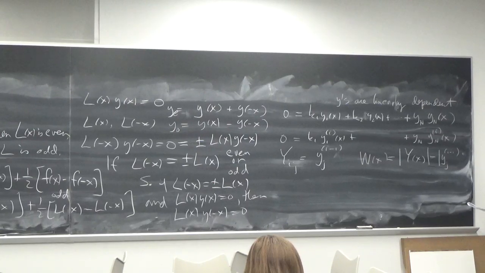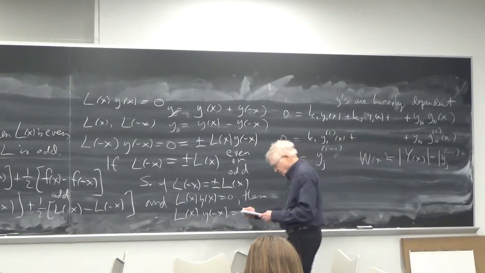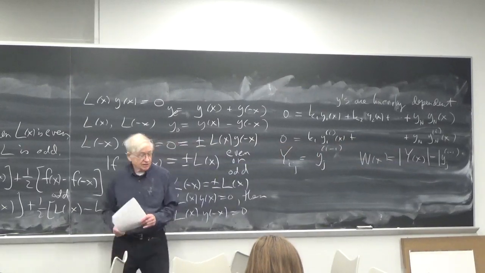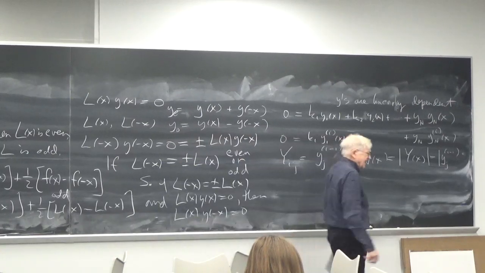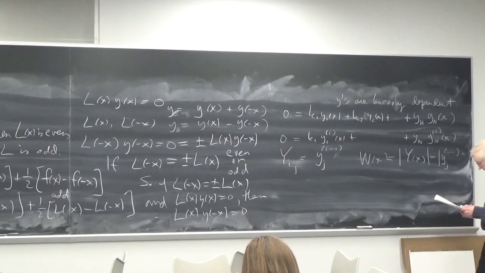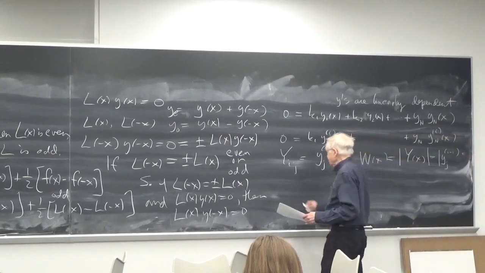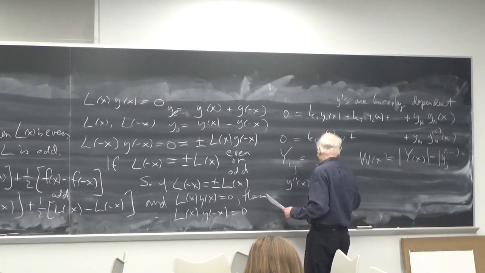So this is a Wronskian, and it vanishes on an interval if and only if the functions y_j are linearly dependent on the interval. So that's Wronski's idea. Now, this n-dimensional case is sort of complicated, but there's a much simpler case, namely the case of a second order differential equation.